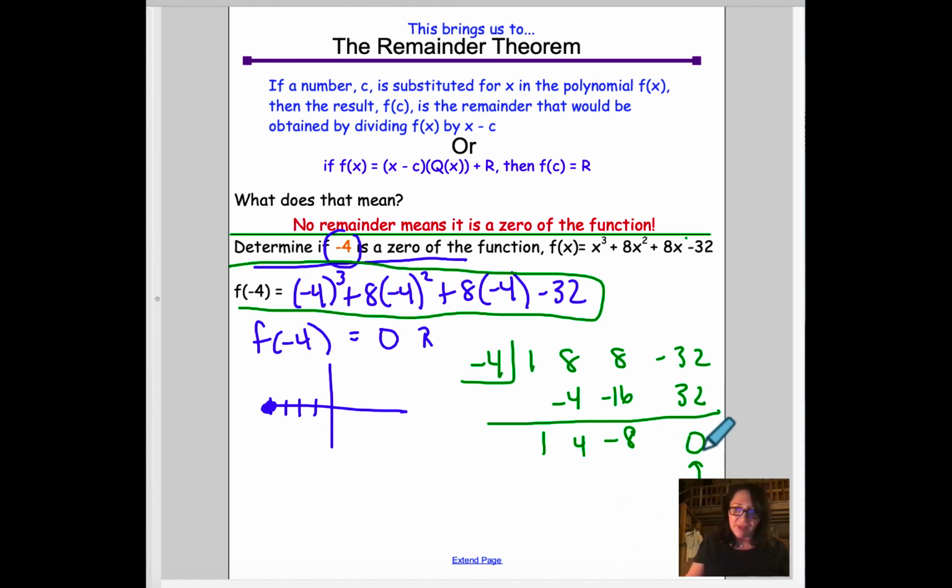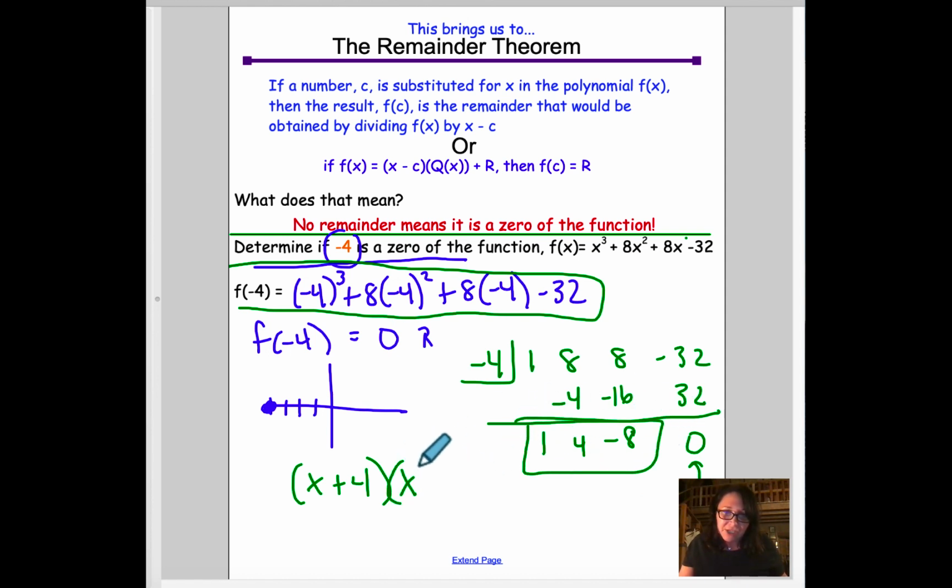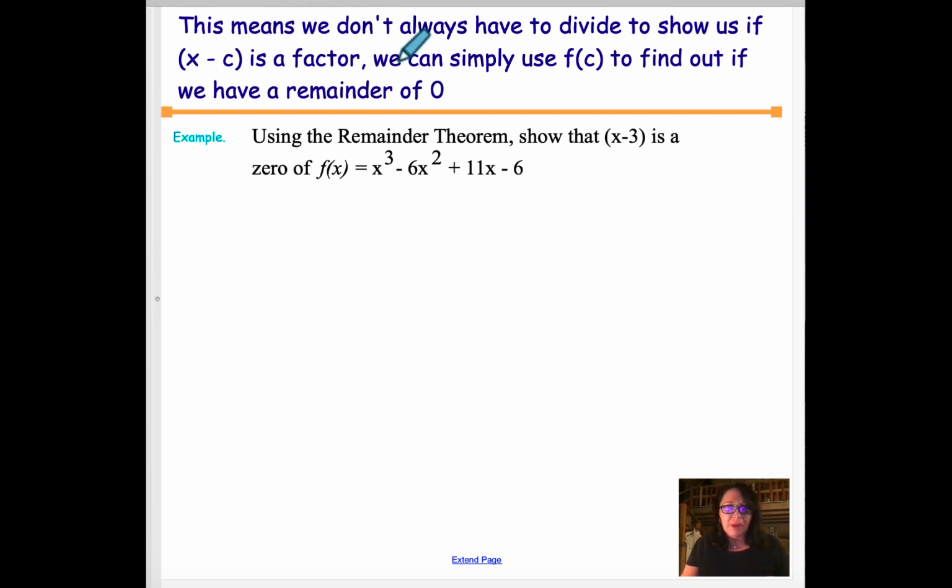So that means to show that x minus 3 is a 0, you set that equal to 0, which means x could be 3. So we're going to plug that in. What's f of 3? Well, that's going to be 3 cubed minus 6 times 3 squared plus 11 times 3 minus 6. This is the remainder theorem, and we're searching for a 0 here. So this is going to be 27, 9 times 6, so minus 54, plus 33, and then subtract 6.